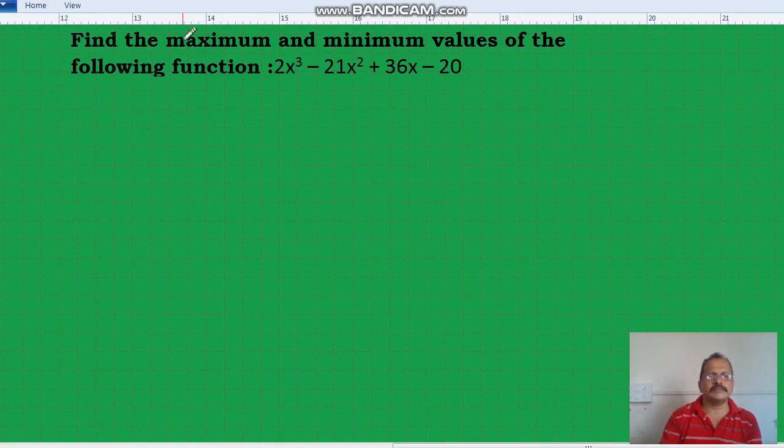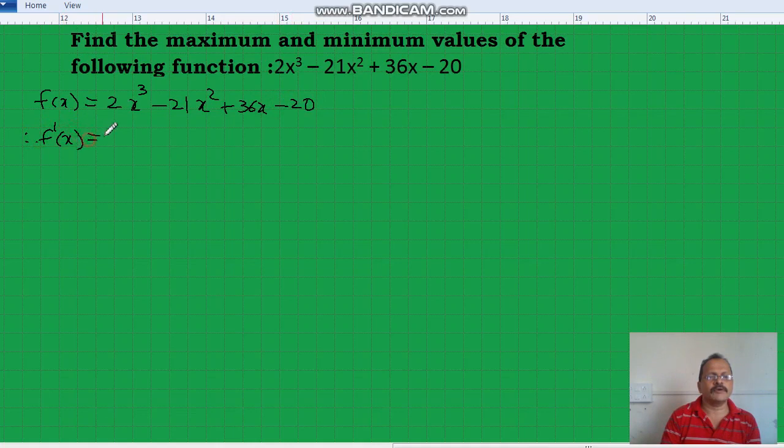Find the maximum and minimum values of the following function. f(x) is given to us: 2x cube minus 21x square plus 36x minus 20. We can find f'(x).